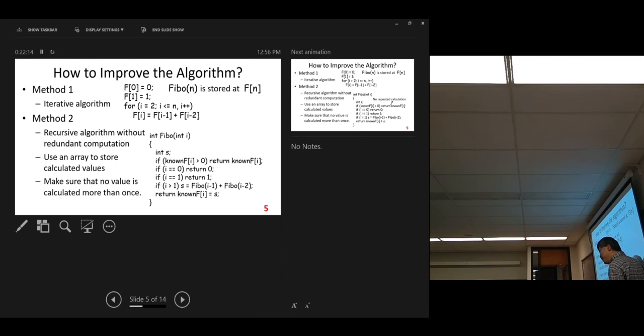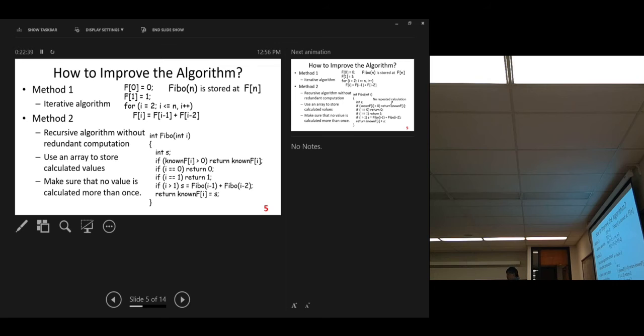Can you compare these two? Yes, this is also big theta of n, also linear, because look at the array element: each array element you only calculate once. So although it's a recursion, eventually you also get a linear algorithm.